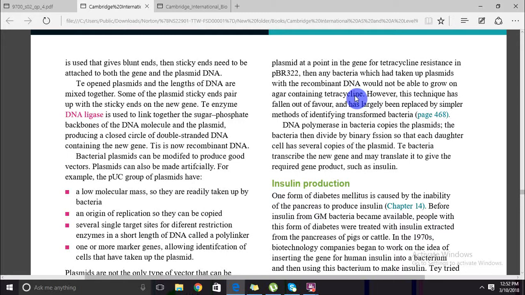In a region or a short length of DNA called a polylinker, and they might ask you for that: what is the name of the short length of DNA in the plasmid that contains several single target sites for various restriction enzymes?